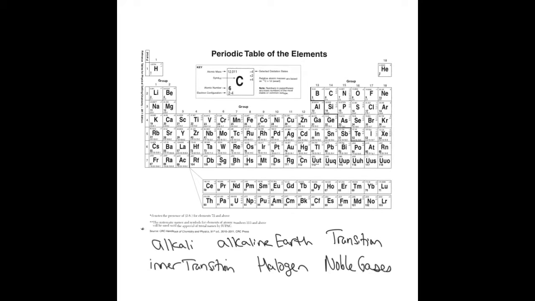You'll probably need about 10 colors total. The first thing I'm going to do is choose my first colored pencil, which is red, and box the term alkali with that red colored pencil. Then I'm going to go up to the periodic table and, with the red colored pencil, box in the alkali metals.